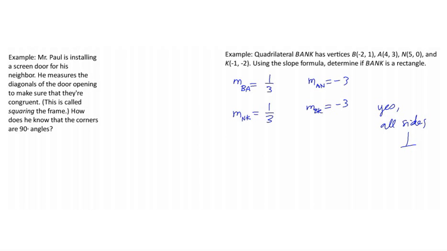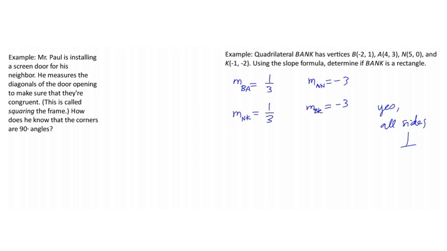To see if we have 4 right angles, we simply need to measure the slopes of all 4 sides, as I've done. This will be the more difficult part of the problem. Basically, can you do the algebra correctly? The basic computations. Once I've done that, you can see that BA is perpendicular to side AN and side NK, which is to say angle A is a right angle and N is a right angle.